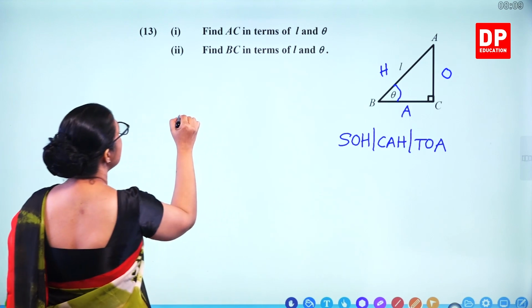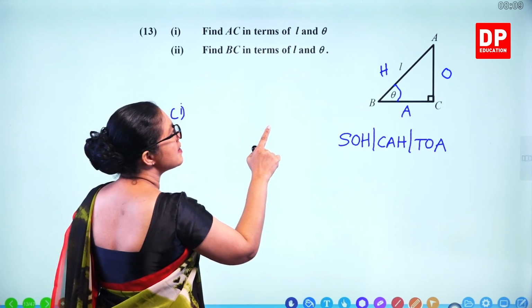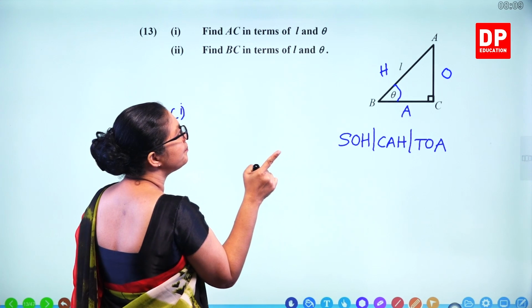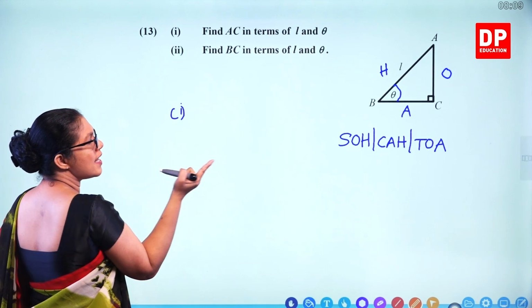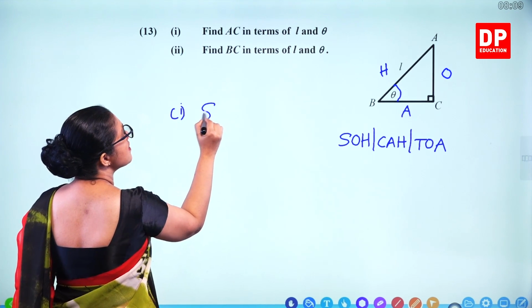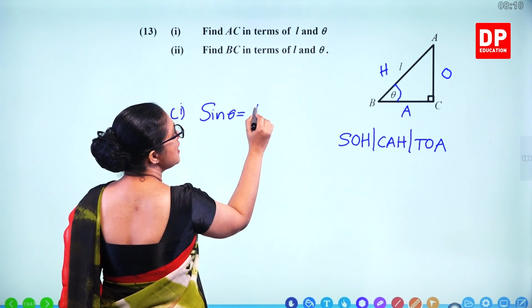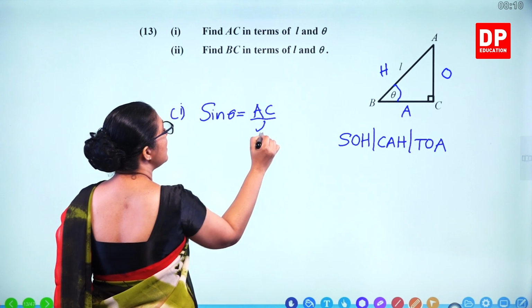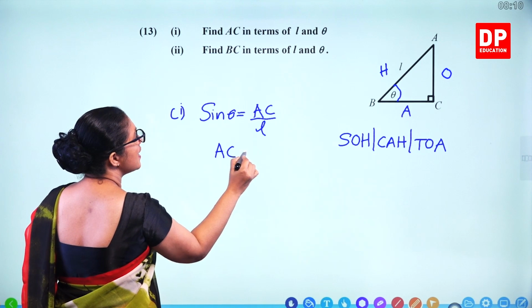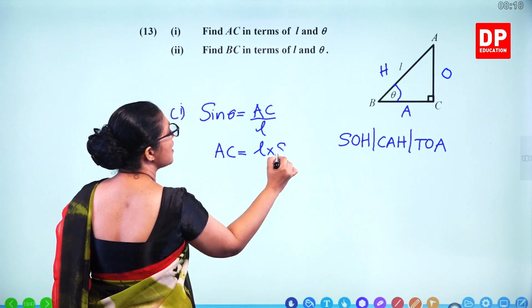So we'll write down AC using opposite and hypotenuse. That's sine. Sine theta equals opposite, AC over L. So what's AC? L times sine theta.